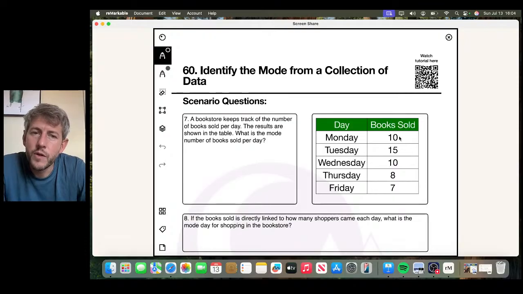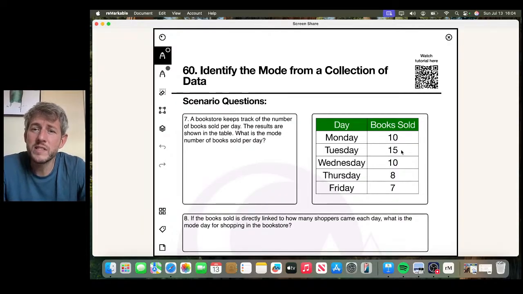Oh, right. So this is an interesting one. I put this one in here to be tricky, because when you've got information from a table, you've really got to be careful of what you're being asked, because there are two answers you could come up with for this. The modal day is Tuesday, because that's the day that most of the books are sold on. But this isn't the question.